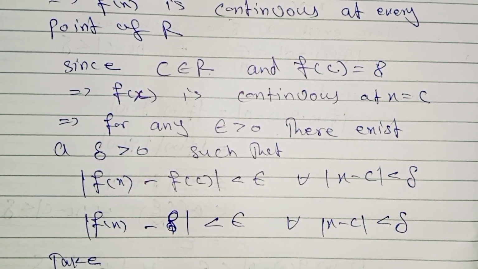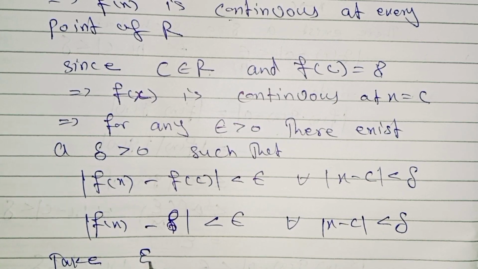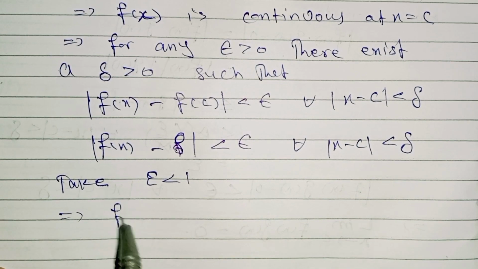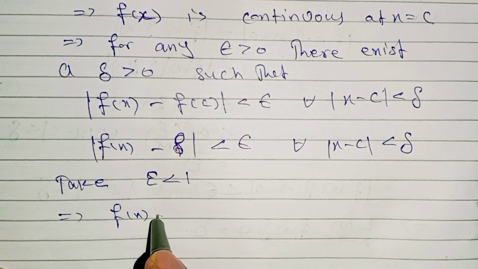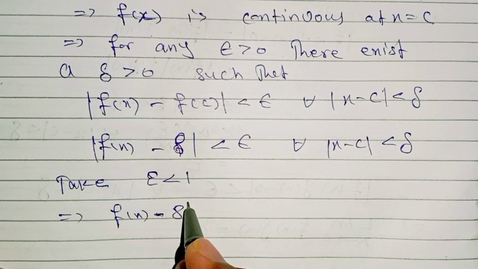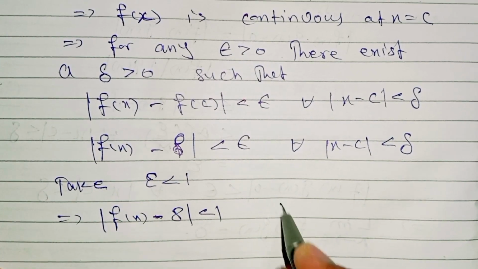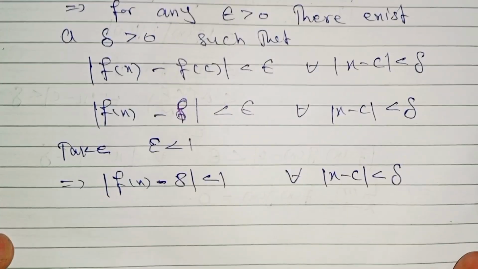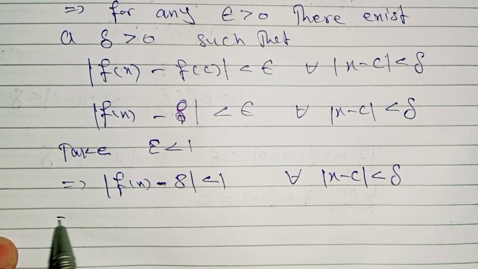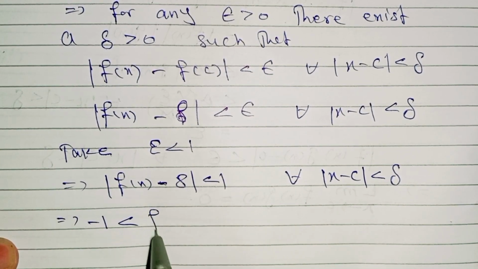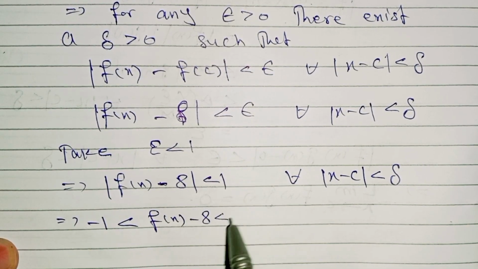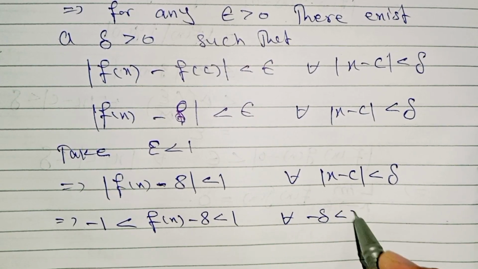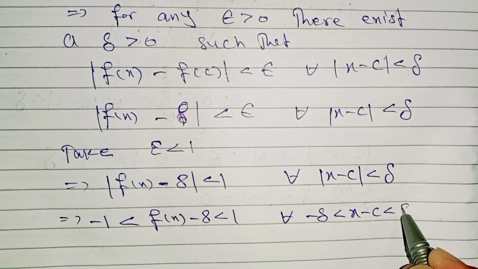Take epsilon less than 1. This implies that |f(x) - 8| is less than 1 for all |x - c| less than delta. This implies that -1 is less than f(x) - 8 is less than 1 for all -delta less than x - c less than delta.